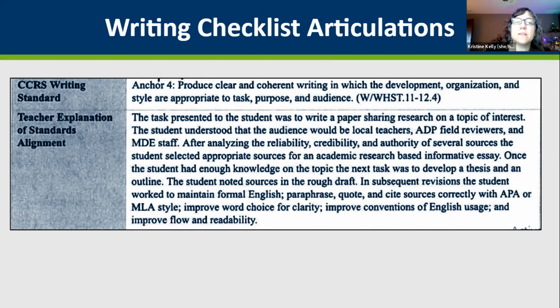Then the evidence is articulated, touching on audience, that the student knew the audience, and that the student went through the process of assessing the evidence because it is a research paper. There's talk about the development and the organization, that the student did a rough draft, and then there was revision going on, which is all part of producing clear and coherent writing.